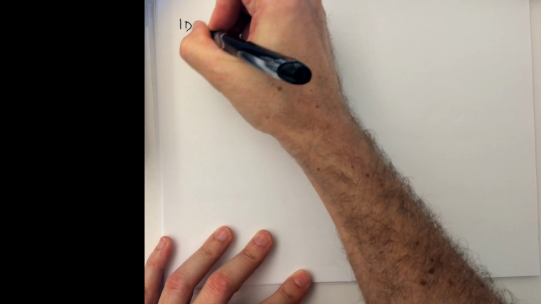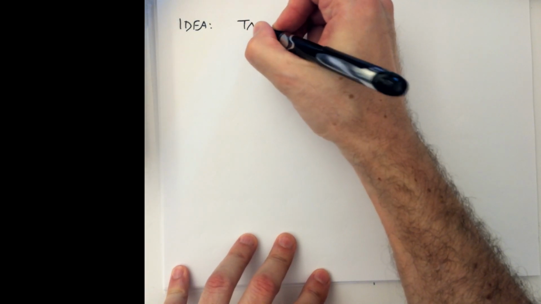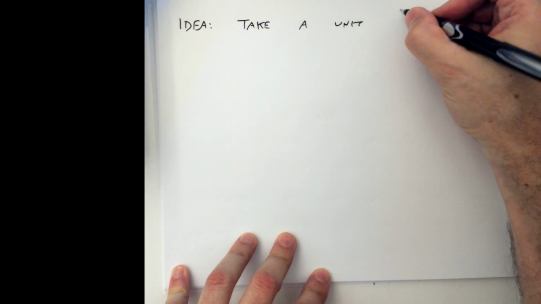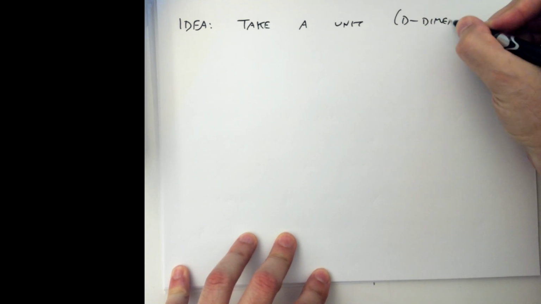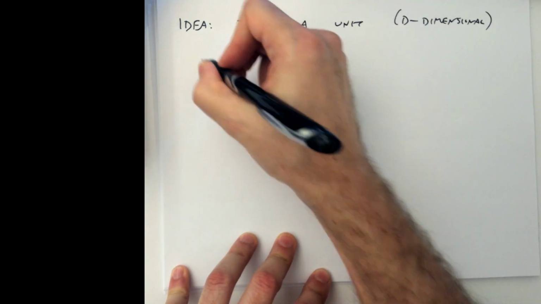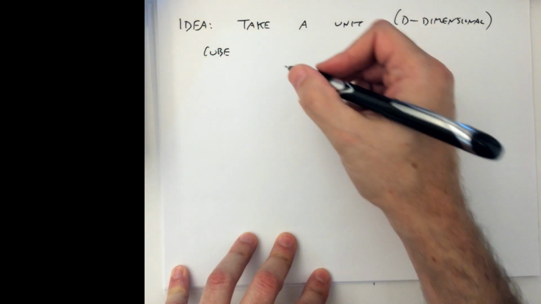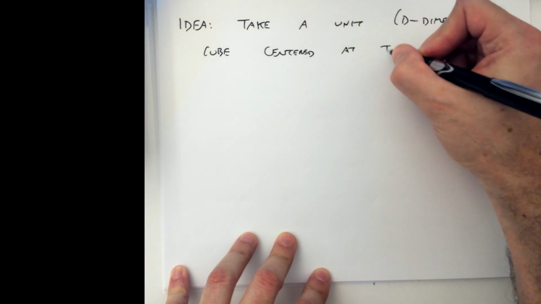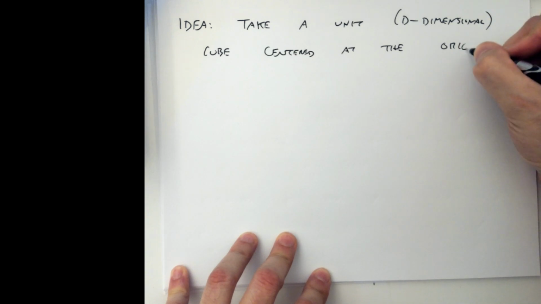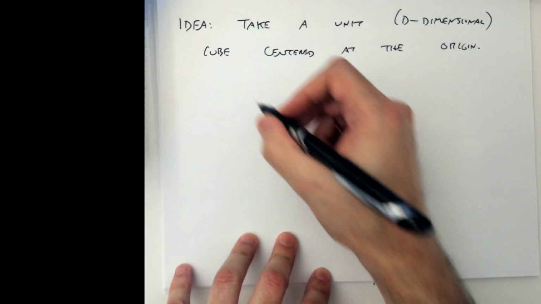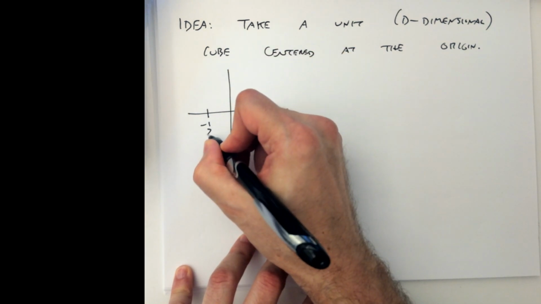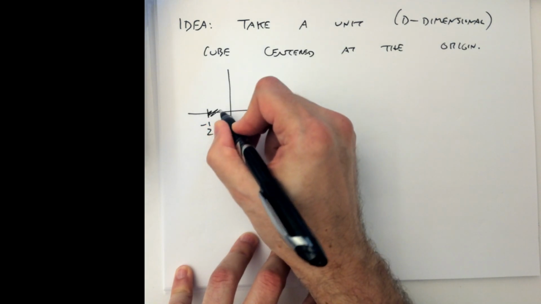One idea is to take a unit d-dimensional cube centered at the origin, right? That's like saying, in 1D, that looks like this interval.